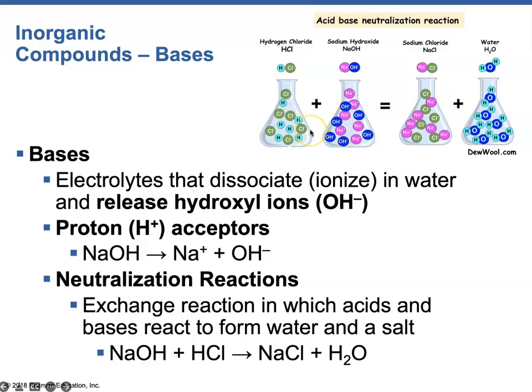But you put them together, and now we have this exchange reaction that occurs. The sodium hooks up with the chloride, so now we have sodium chloride, and the OH, the hydroxyl, now hooks up with the hydrogen, and now we end up having water. So this is called a neutralization reaction.